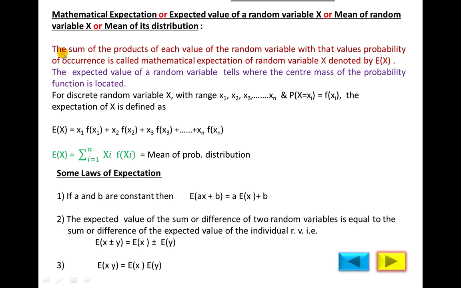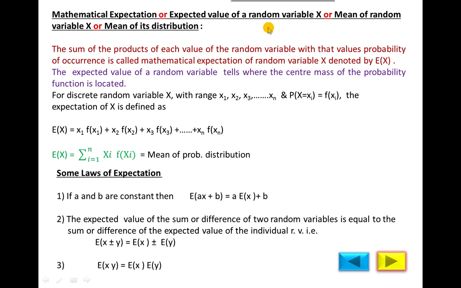In frequency distribution, the definition of mean is the sum of the product of midpoint or value with frequencies of occurrence. In this we use the probability of occurrence. In frequency distribution we use the word frequencies. This is called the mathematical expectation in this topic.